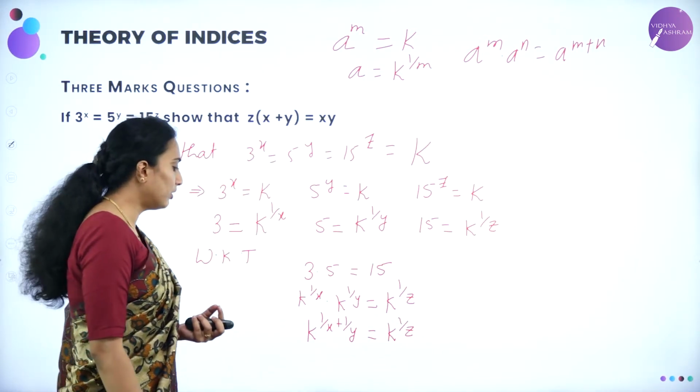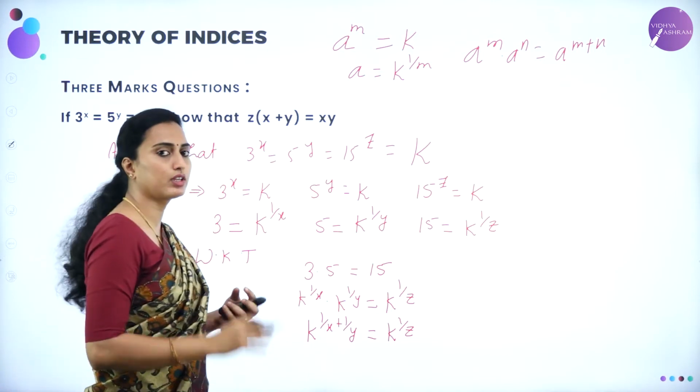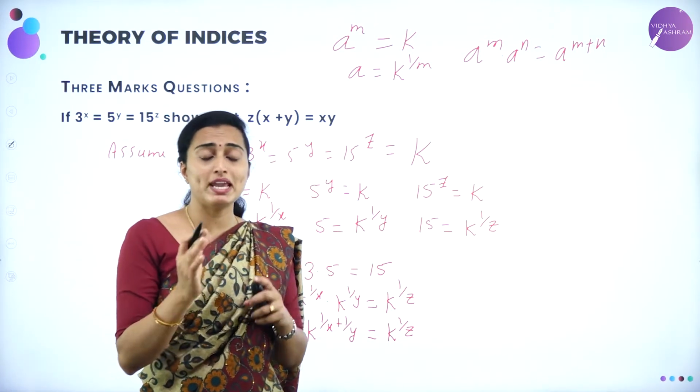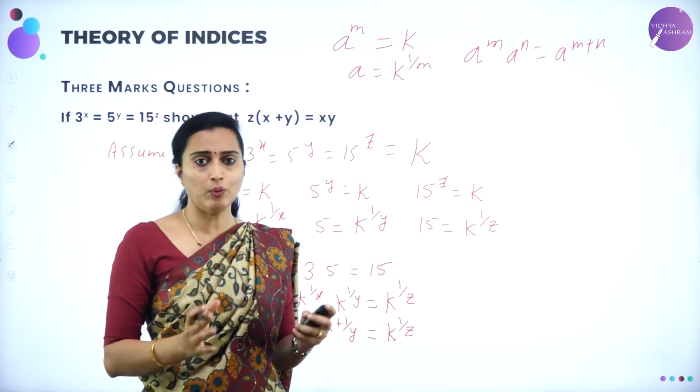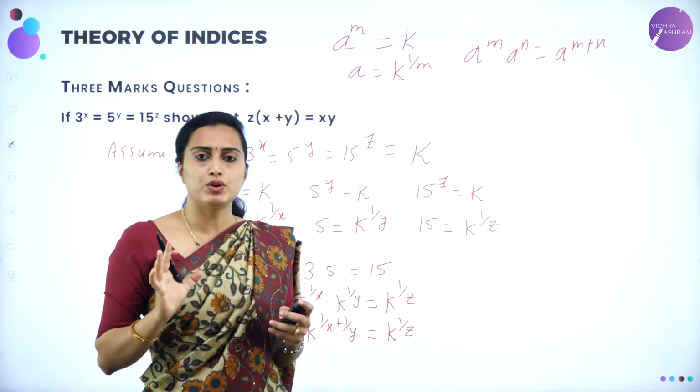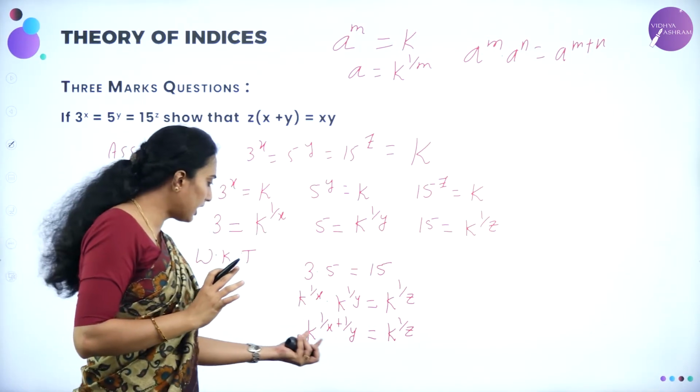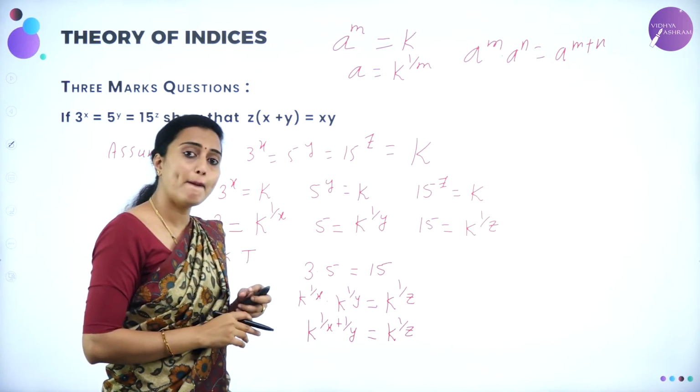That's it. Now listen carefully, if the bases are the same on both sides of the equation, I can equate the powers. So your bases are the same, I can equate the powers.